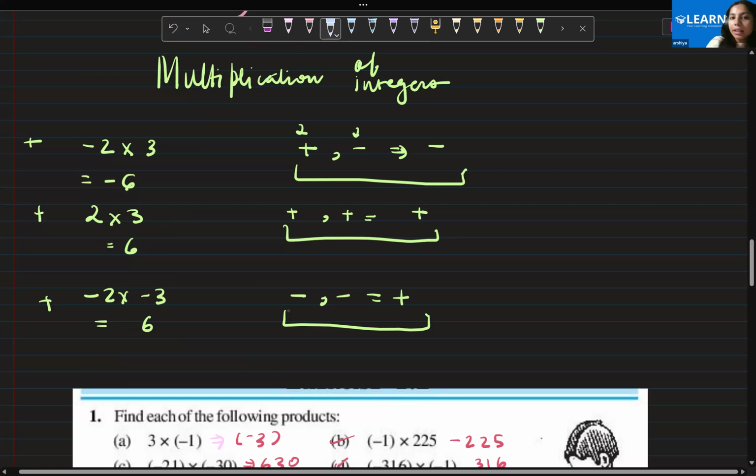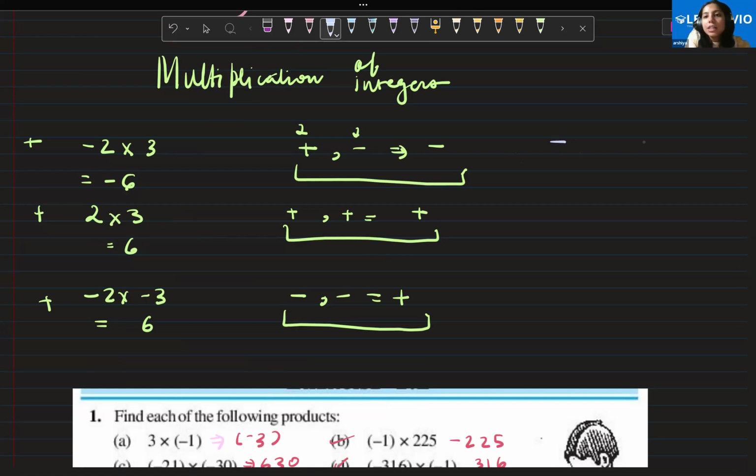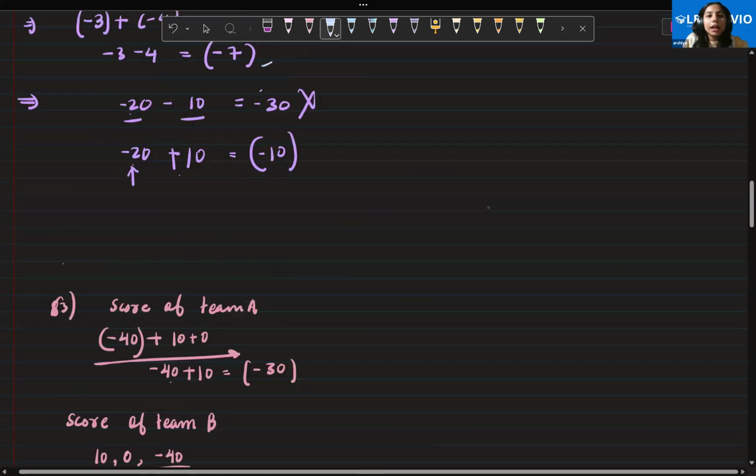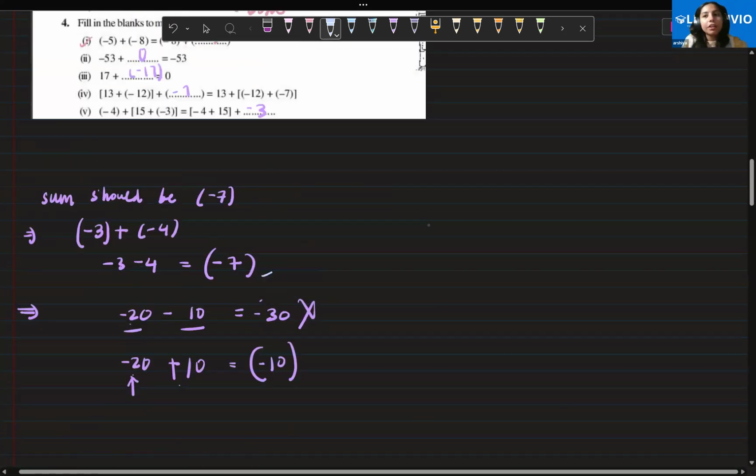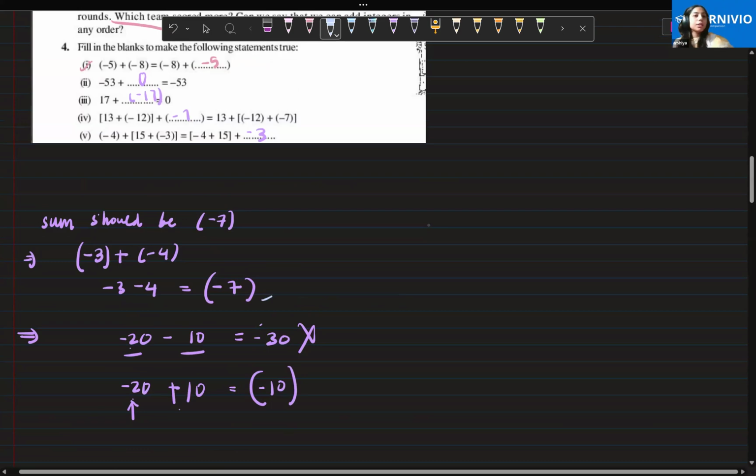How do we multiply? Like you said, what you've learned, right? Plus plus is plus, minus minus is plus, and plus minus is minus. So you multiply normally, but depending on the sign. If one integer is negative and the other integer is positive, the final answer will be negative. Whereas in addition, the sign of the final answer depends on which number is bigger.